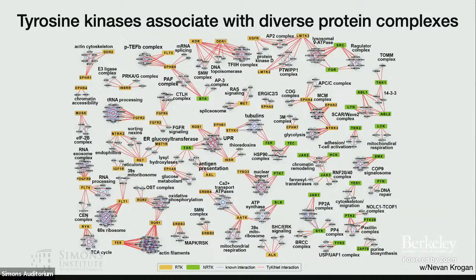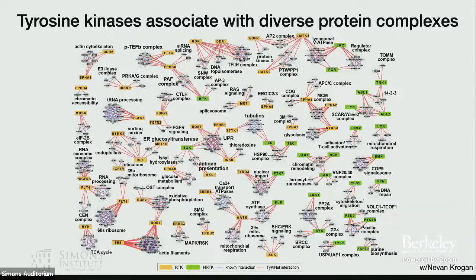Here, in these colored squares, are the tyrosine kinases, and here, using a very simple algorithm looking for triangles, we combine all these triangles where we have interactions from the AP-MS data in red, and in blue the literature-based interactions from CORUM or other curations of different interactions in the literature. We look for these triangles and merge them together to identify this map. It's somewhat curated, but also somewhat systematically prepared as well.